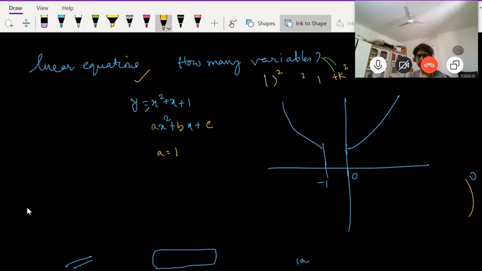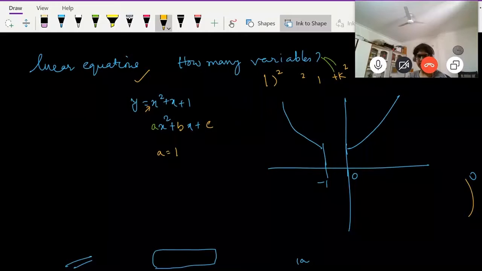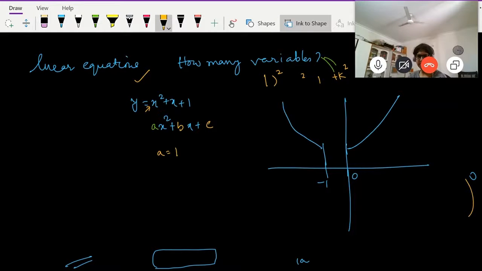A is the coefficient of x square, 1. B is the coefficient of x, 1, and C is 1, right? So B square minus 4AC is how much?